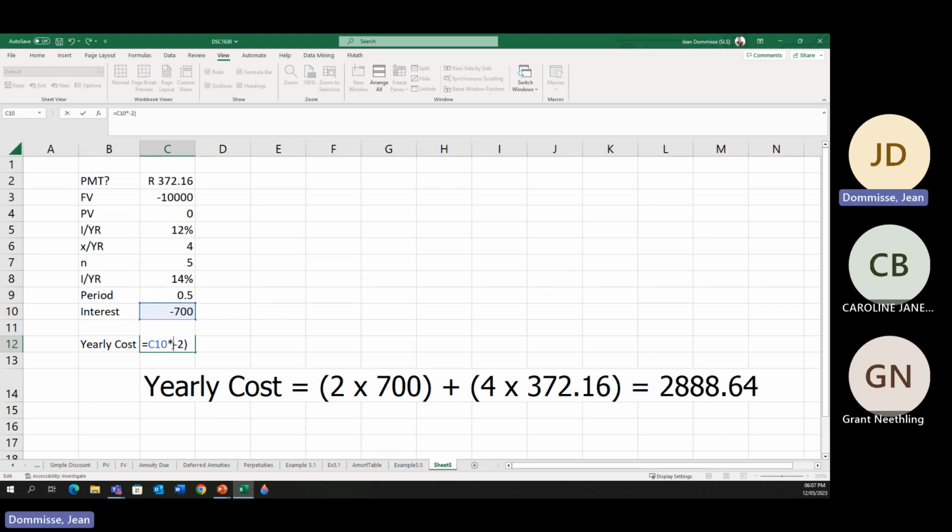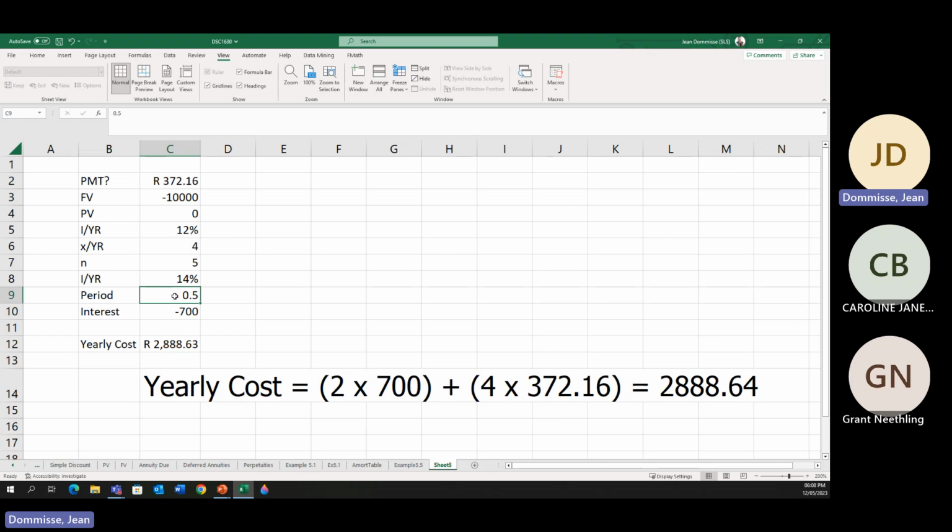So that was the interest component. And then the other component is, luckily we can use that because that is how many times per year. Okay, I now know what I'm going to do with that one. And it was the payments.